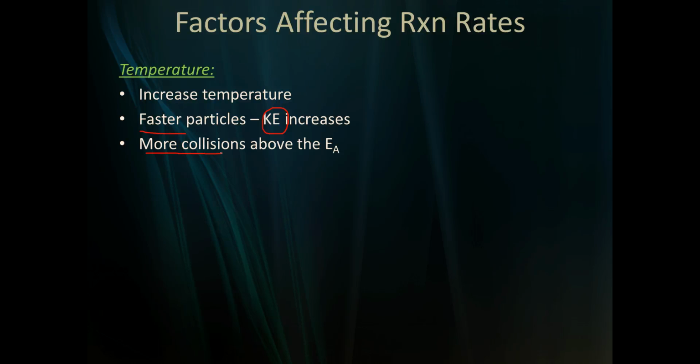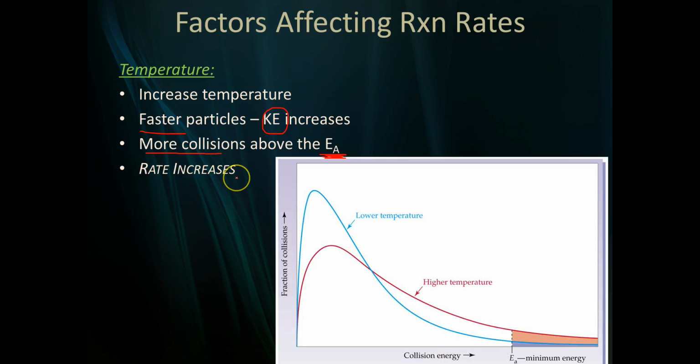And not only that, the more collisions you have, the more likely you're going to have one that will be above the activation energy. And at a higher temperature, you will have more moving faster that are already above the activation energy. So your rate increases. Increased temperature, increased rate, direct relationship.